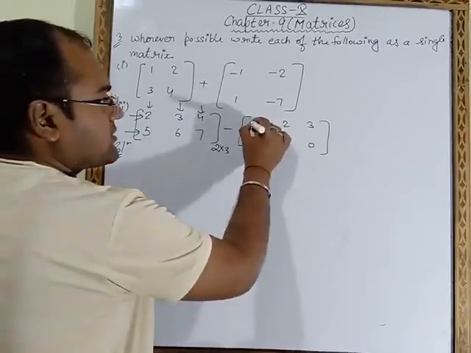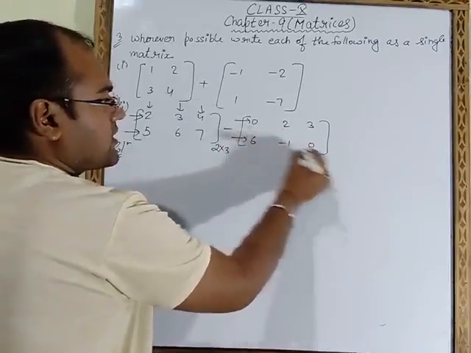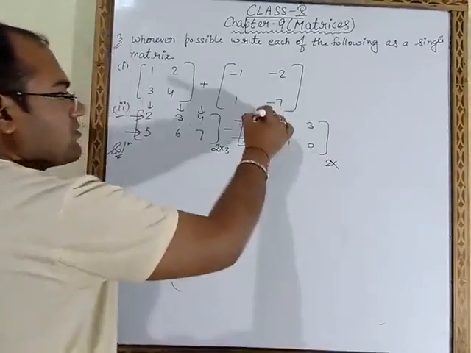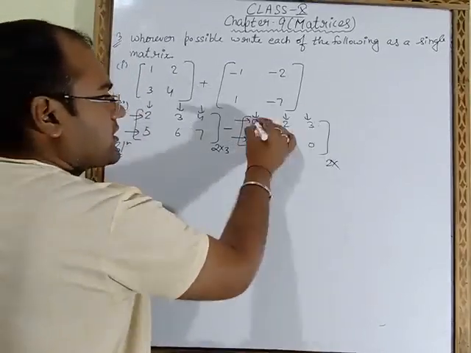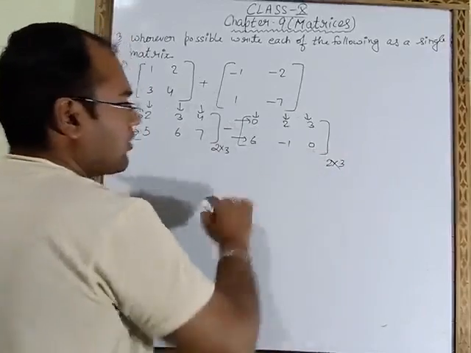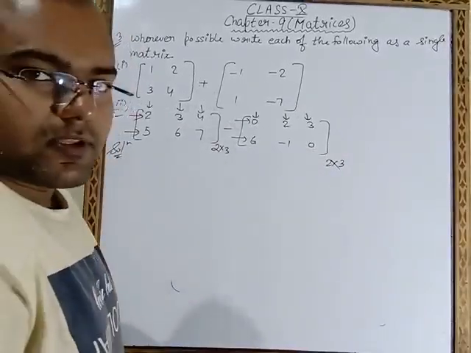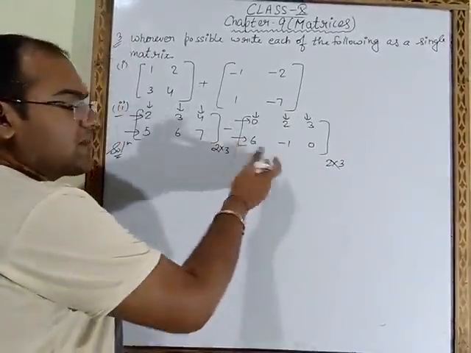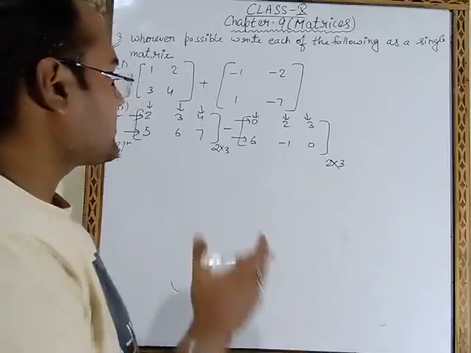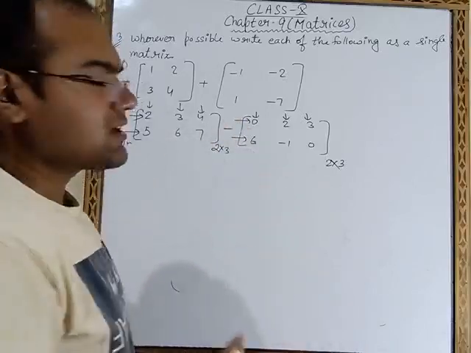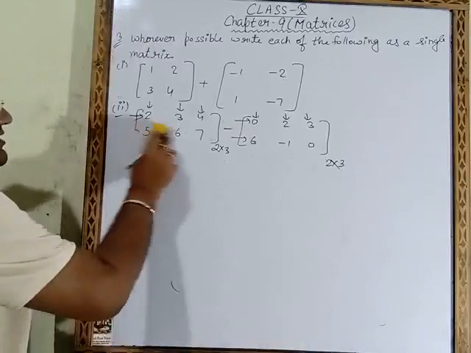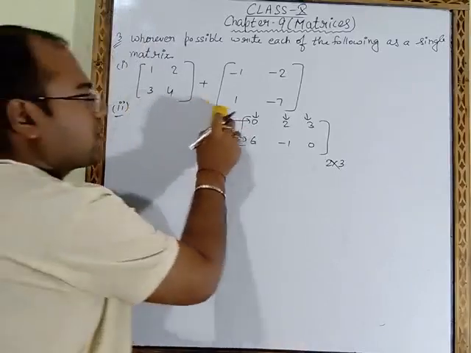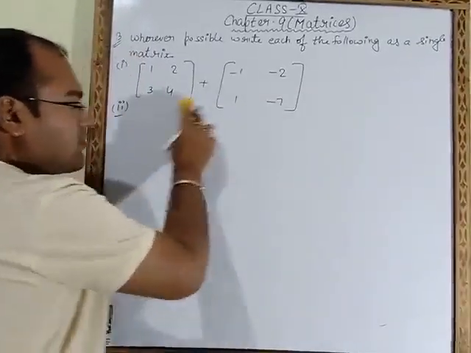Now this matrix, first row, second row, and first, second, third, 3 columns are there. So the order of both the matrices is same. Since both the matrices have the same order, we can subtract these two matrices. This case we can easily solve because the order is same for both the matrices.